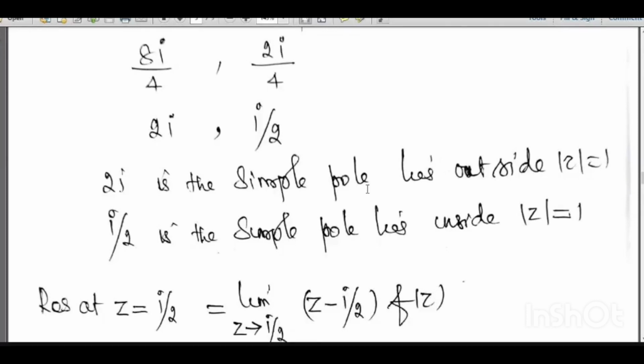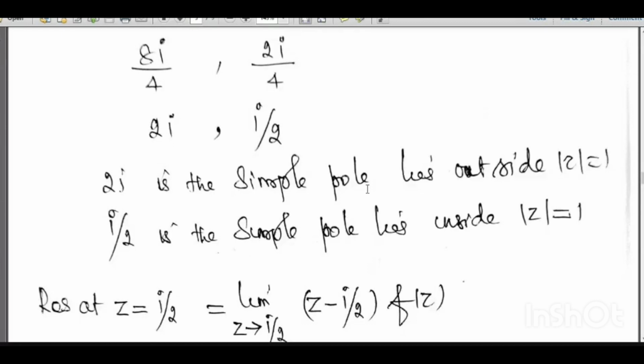But i by 2, that is 1 by 2 i, is a simple pole that lies inside the circle modulus z is equal to 1. So for the pole which lies outside the circle, the value is 0. For the pole which lies inside the circle, you have to find the residue.